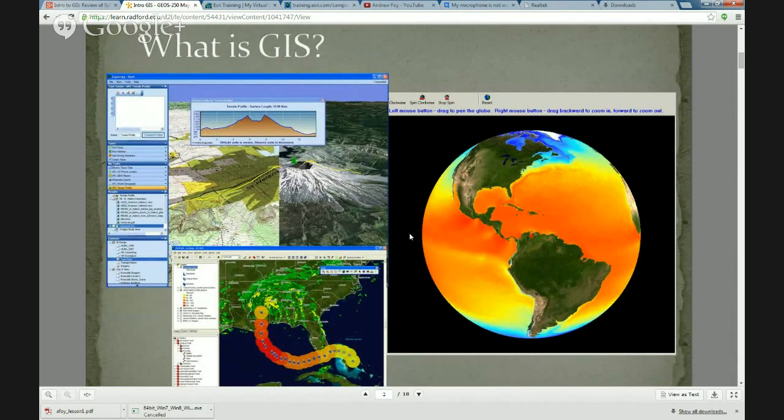So Google Earth is very nice for displaying geographic information and for visualizing it, but you don't have the same abilities to analyze the data and to manipulate the data that you might be able to do in a different type of GIS platform. So I want you to really keep in mind that a lot of mapping applications or things that you see on the web are not what we would typically consider to be a GIS, but they are like a GIS.